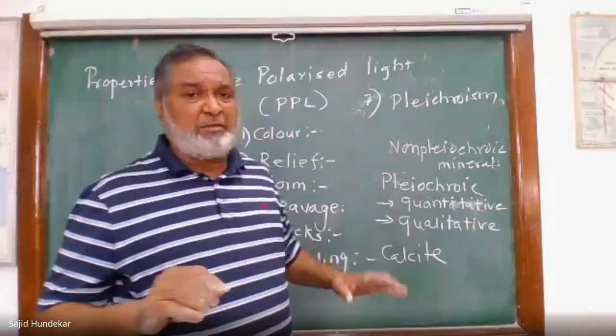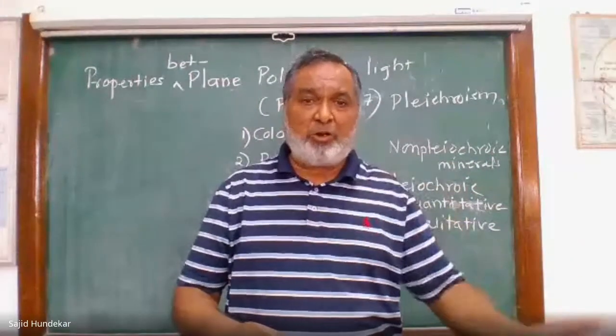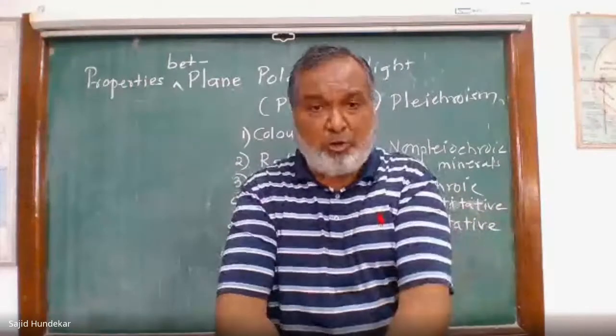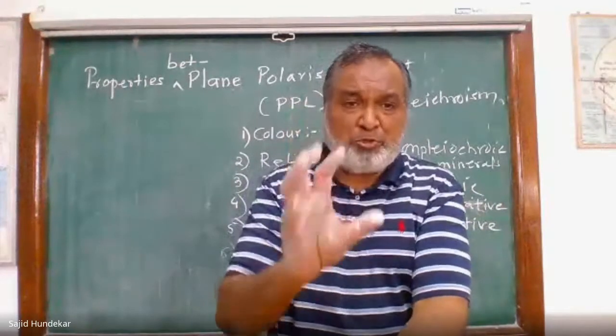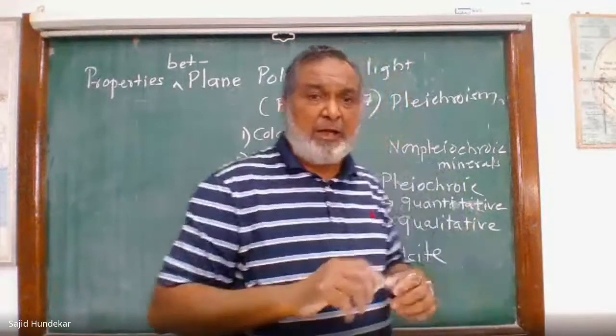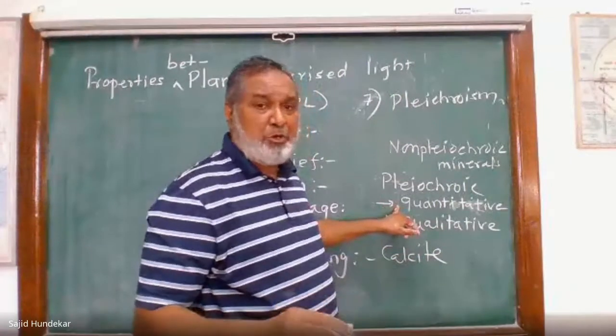What is quantity? It means light green to dark green, light yellow to dark yellow. Within one color, there are shades of green, shades of yellow. Such a type of change you are going to see in a colored mineral, and this pleochroism is called quantitative pleochroism.